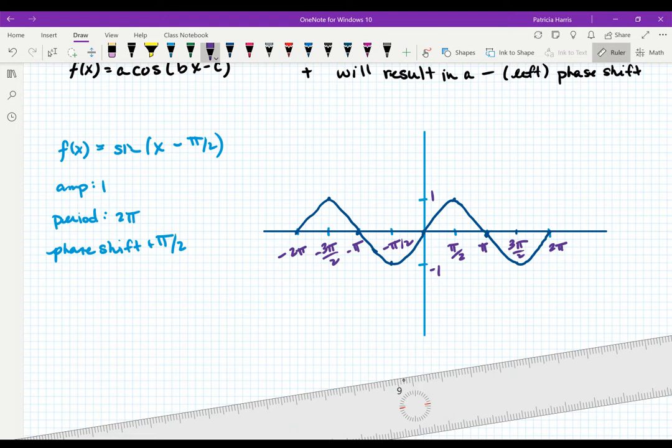Okay, now you will notice that each of my tick marks conveniently is pi over 2. So if I'm going to move this thing to the right, okay, I am going to move everything to the right one tick mark. Okay, so this right here is my parent graph. And now what I'm going to do in another color is just move everybody over pi over 2.